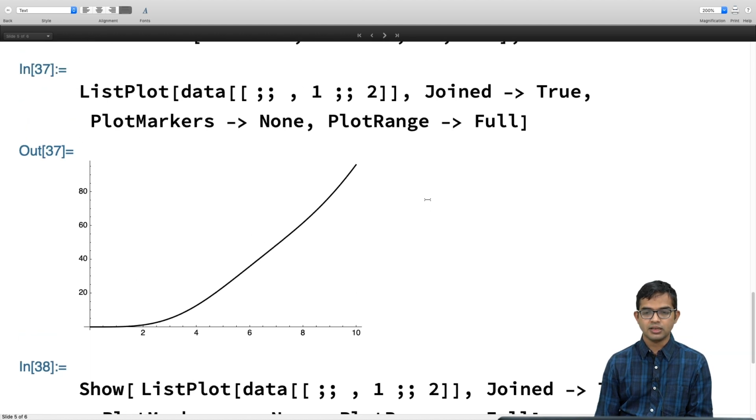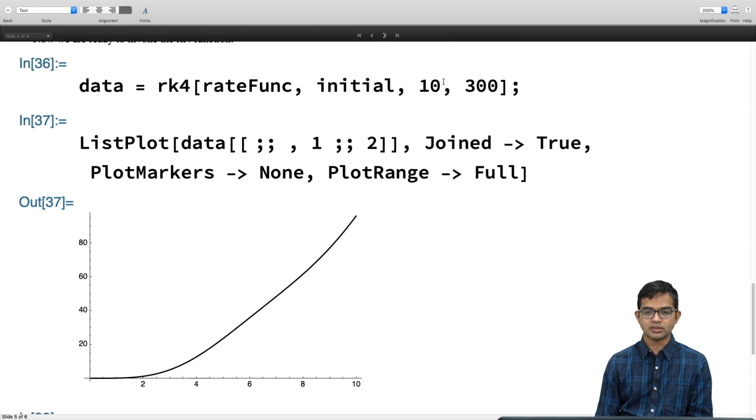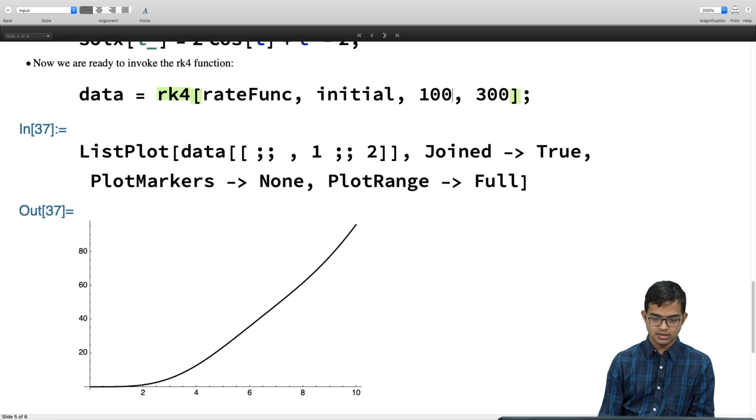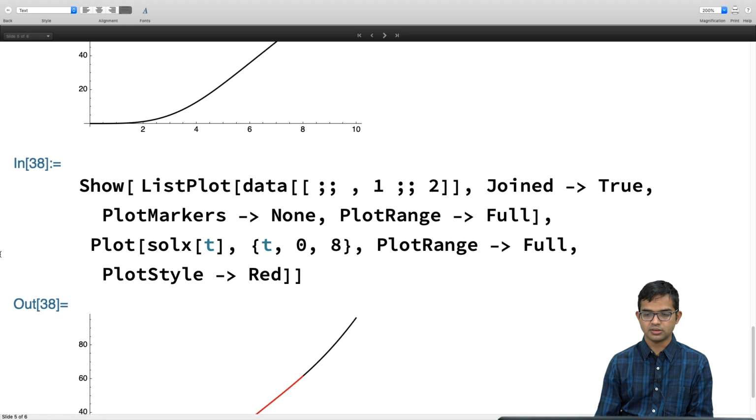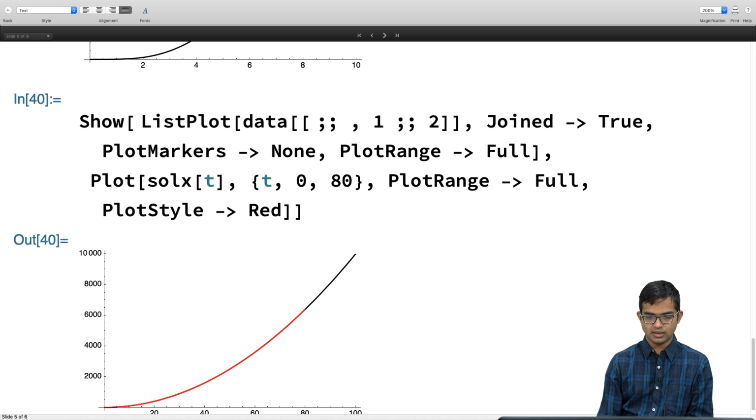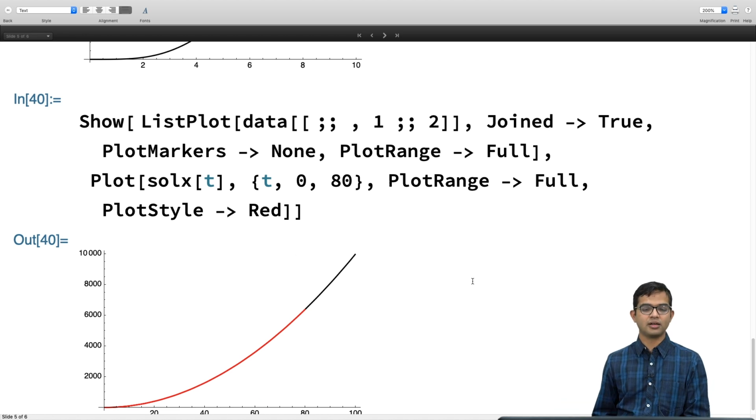If I make this, instead of 10, 100, you will see that it's hardly going to be visible. If I make it 100, and also make this like 80, let's say, and then run this, you see that it basically looks like t squared.